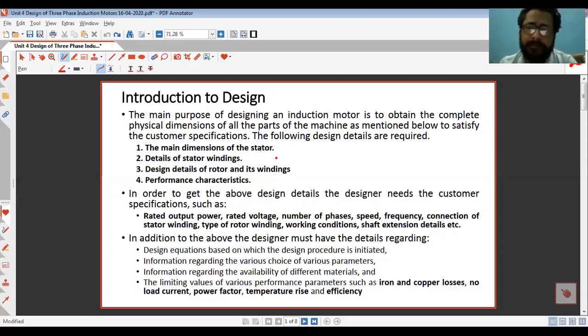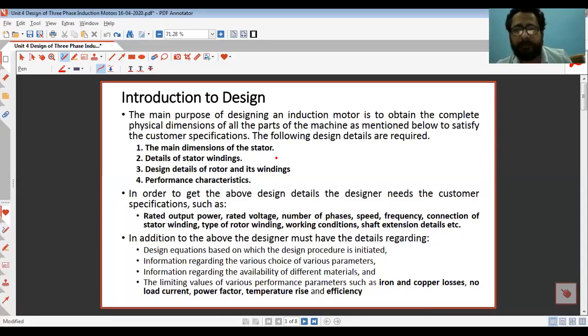If I am a machine designer and you are the customer, you will tell me that you need an AC motor for this particular purpose, where your current requirement is this much ampere, the voltage at which the machine will operate is this much volt, and the torque you need is this much.